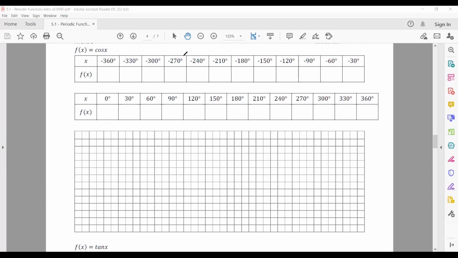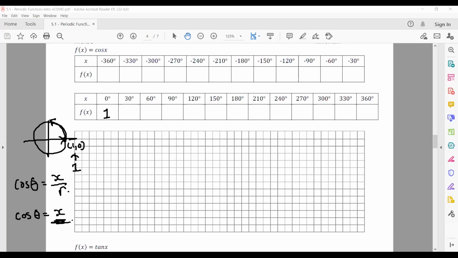Cosine, if you remember, starting from the point (1, 0), cosine of theta is actually x over r. Assuming that we're in a unit circle, cosine of theta tells me the position of my x value in a circle. So when I am at 0 degrees, my x value here is 1.